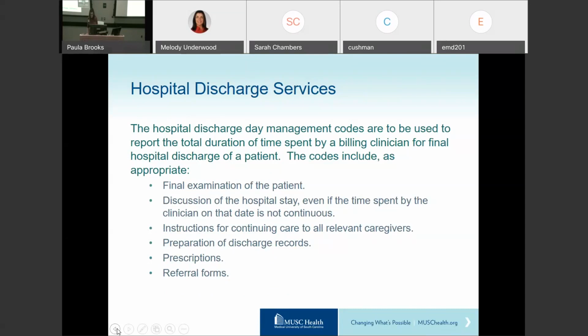The code includes the final examination of the patient, discussion of the hospital stay, even if the time by the clinician is not continuous on that date. Instructions for continuing care to all relevant caregivers, any kind of preparation of discharge records, prescriptions, any type of referrals, going over medications with the patient, all of that is included in your hospital discharge services.